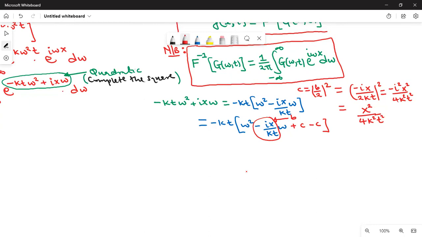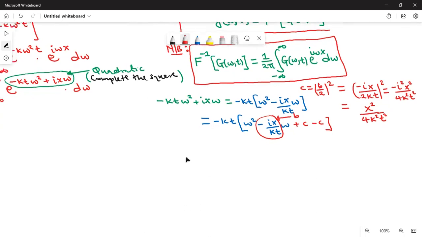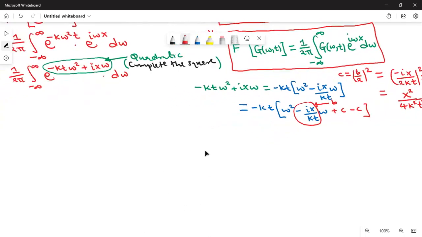Back to completing the square, here we will now write it is equal to negative kt, omega squared minus ix over kt omega.